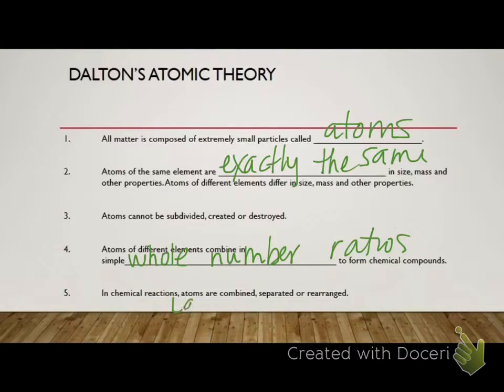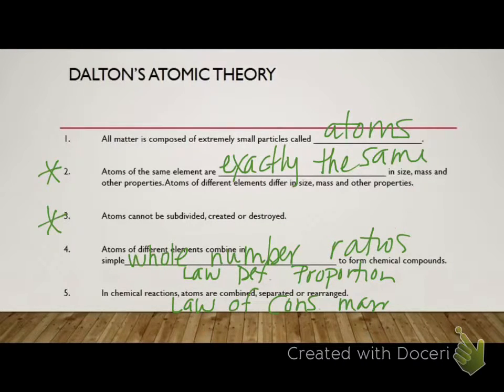This would be where the law of conservation of mass would be addressed. And then, of course, number 4 would be where the law of definite proportions was addressed. Put a star by postulates 2 and 3, because we now know those not to be true overall anymore.